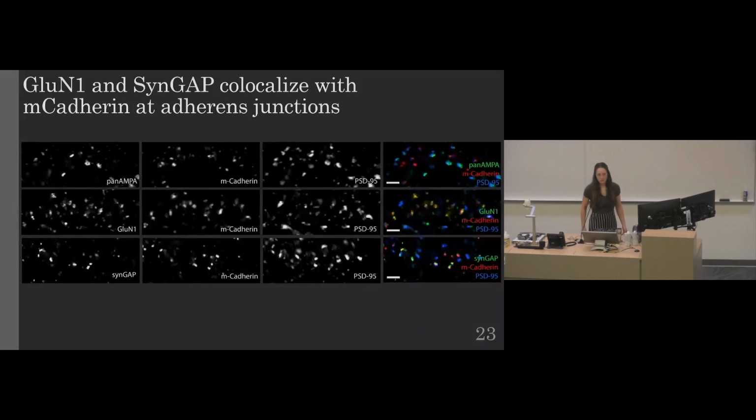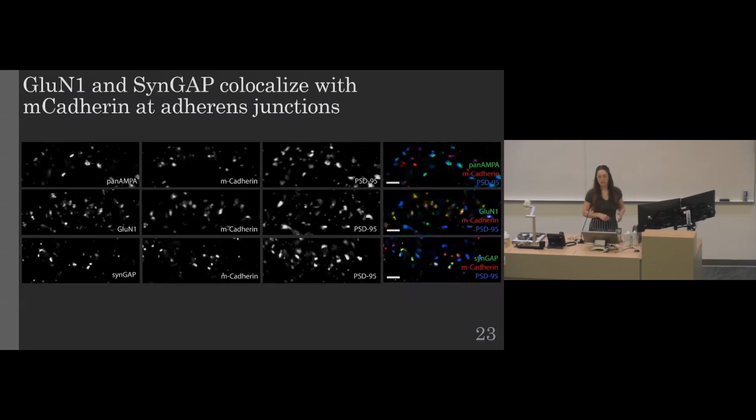There were also reports of these adherens junctions being M-cadherin positive. So I then did further staining to look at whether these M-cadherin positive adherens junctions were positive for the antigens that I was looking at. As we can see here, pan-AMPA in the top panel was not localized with extrasynaptic PSD95 or with M-cadherin.